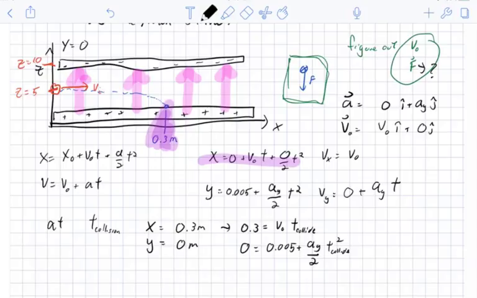And what else am I given here? What else do I know? Let's see.